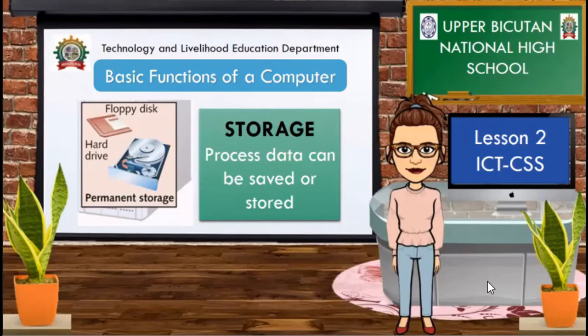Because we all know that we can save or store data or information or any kind of files in our computer system. So basically, we have four basic functions of a computer. Number one, input. Number two, process. Number three, output. And last one, storage.